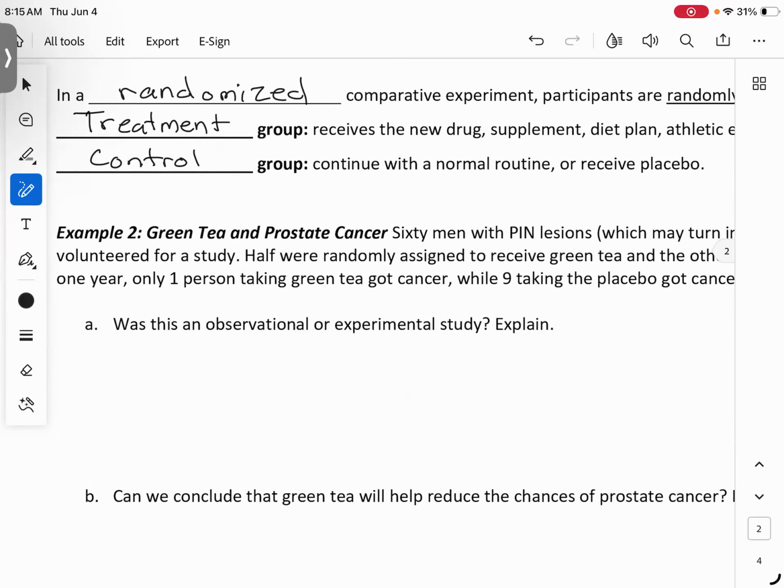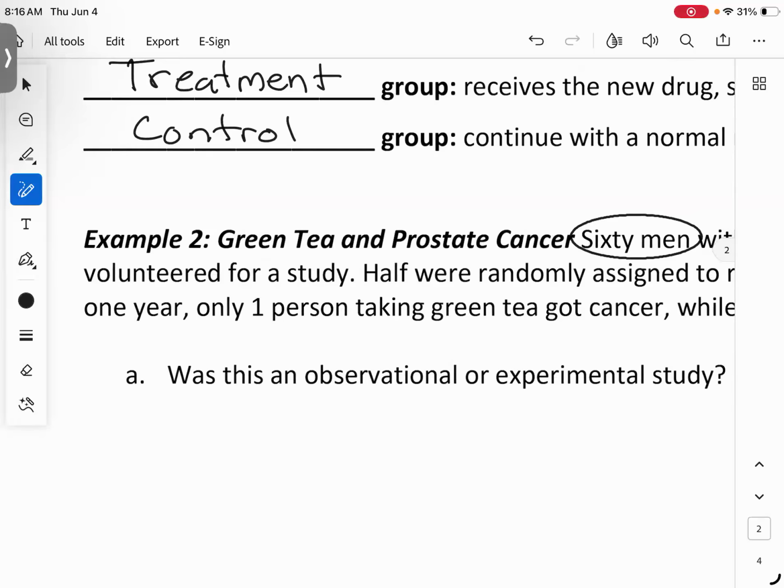So in this study, the target was men, and you can see here that 60 men were recruited for the study. And I know last time in section 1.2 we talked about random samples being the best type of samples rather than just voluntary based studies, which could be more biased.